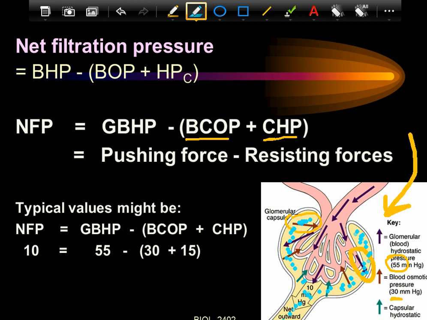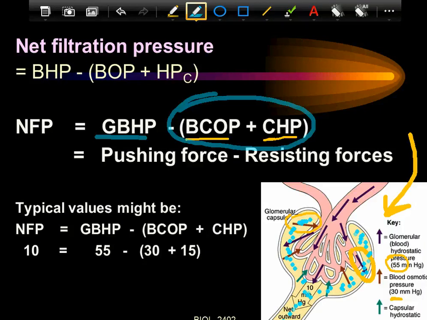And as that CHP increases, it's pushing against the plasma trying to come out because of the hydrostatic pressure pushing it out. So if you add these two together, they are a pulling inward force, keeping plasma in, and they're balanced against the glomerular blood hydrostatic pressure, force out. So if you add those two together and subtract it from glomerular hydrostatic pressure, you've got the overall number, right?